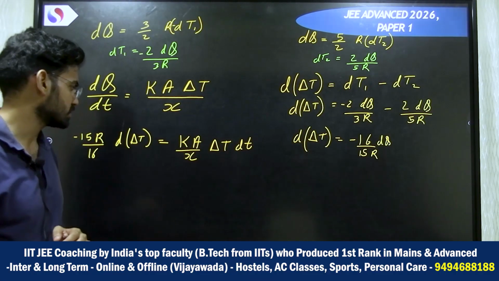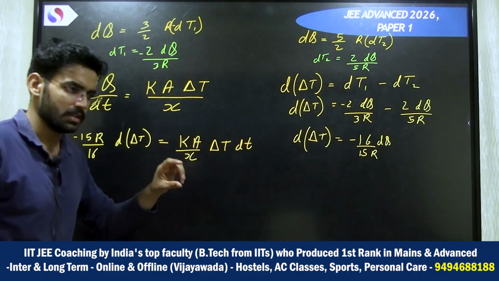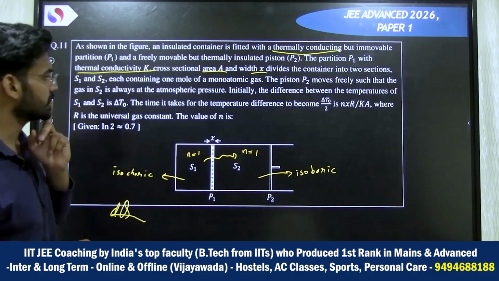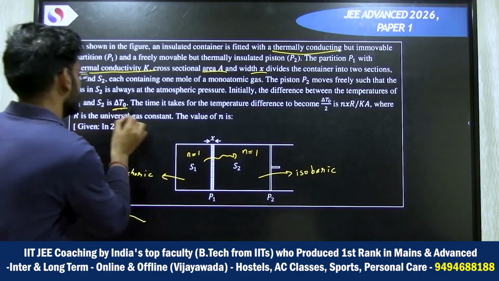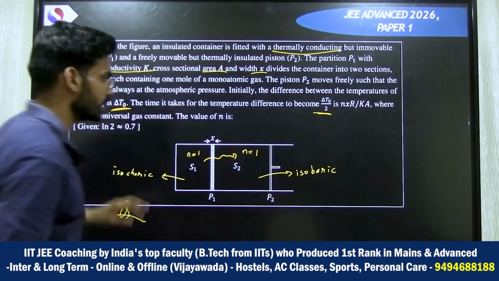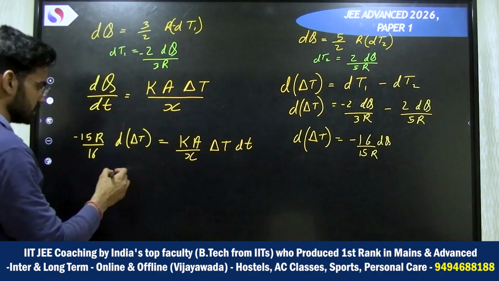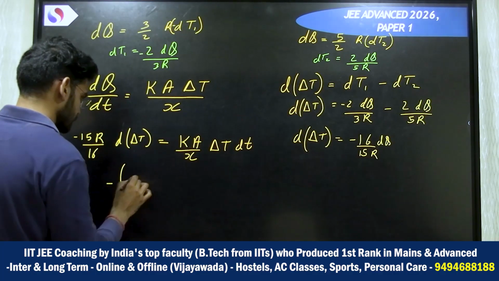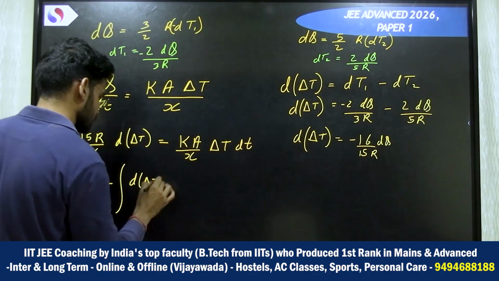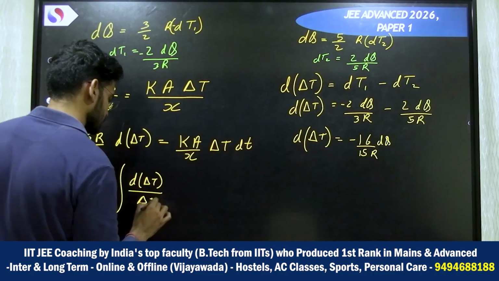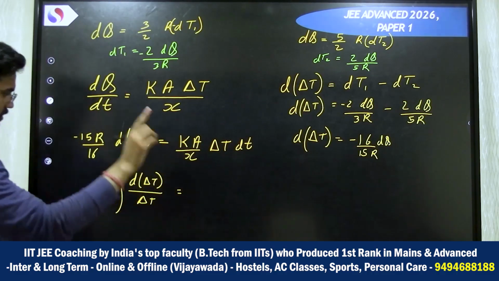Okay, why? Because delta t is changing from how much? I think here from delta t naught to delta t naught by 2 in how much time? 0 to t, let's say. So here the integration limits, as I told you just now, you keep the minus here, d delta t by delta t, is equal to rest all constants that side.